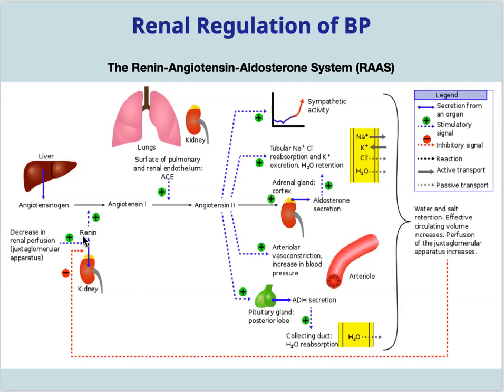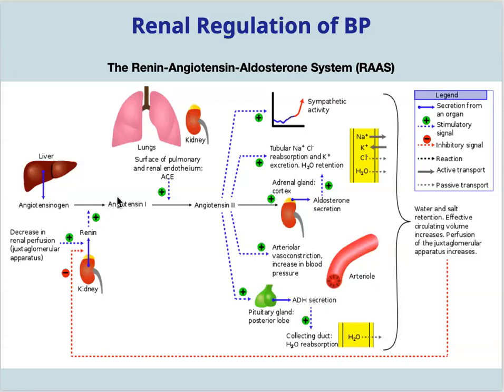And recall from a previous lecture that renin gets secreted when there is decreased renal perfusion. Okay, and renin, upon its release, converts an inactive plasma protein called angiotensinogen into angiotensin I, and angiotensinogen is secreted by the liver.